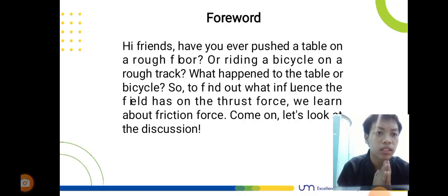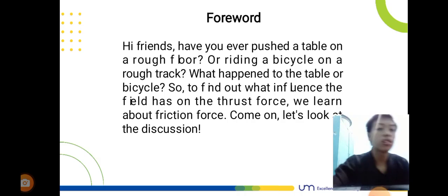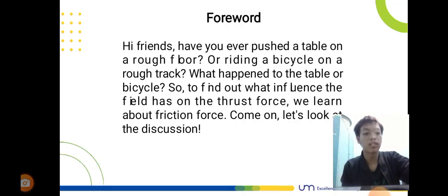What happened to the table or bicycle? To find out what influence the surface has on the force, we learn about friction force. Come on, let's look at the discussion.